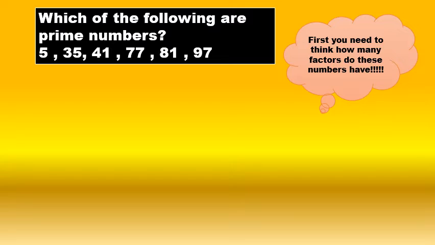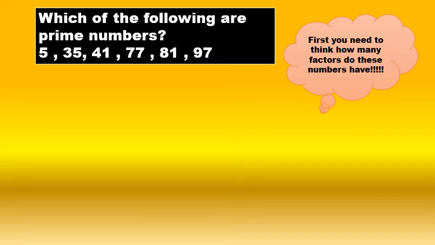Next is 41. Now 41 comes only in its own table, so it will have only 2 factors. Next we have 77. Now 77 is divisible by 7 and 11, so it will have more than 2 factors, so it cannot be a prime number. Next is 81. 81 comes in the table of 9, so it also cannot be a prime number.